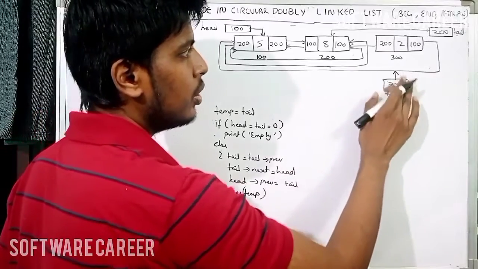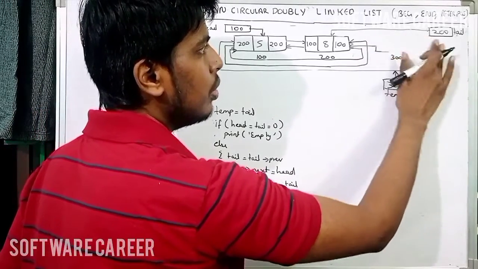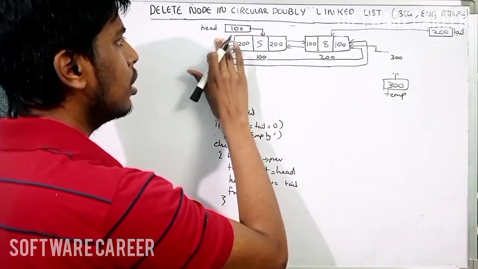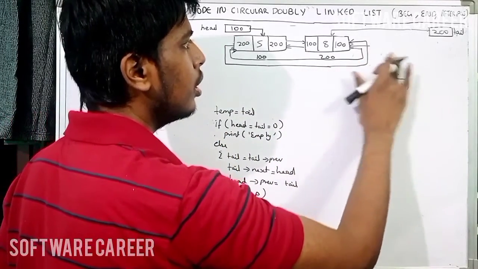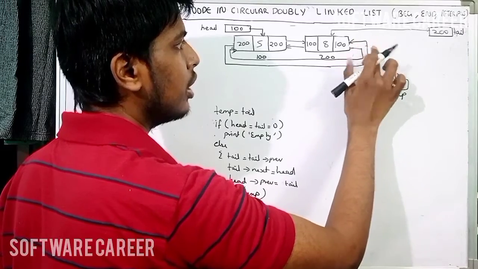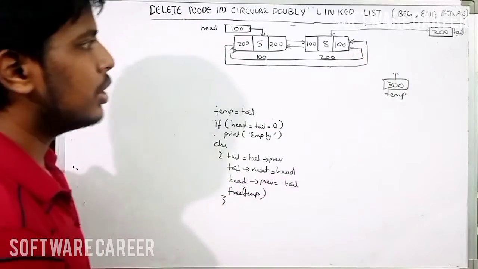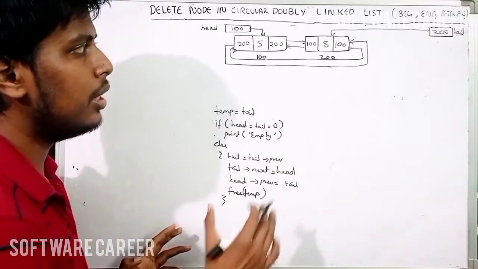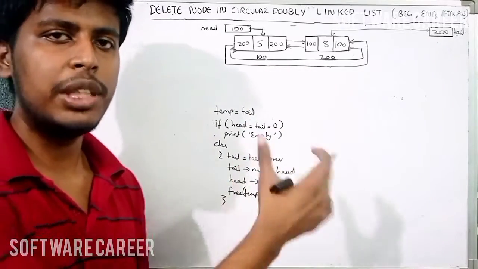So the 300 node is deleted, and its link is also deleted. Now this temp is deleted. Now you have only two nodes. This is how you should delete a node at the end of a doubly linked list.